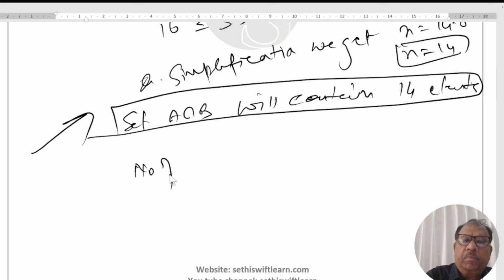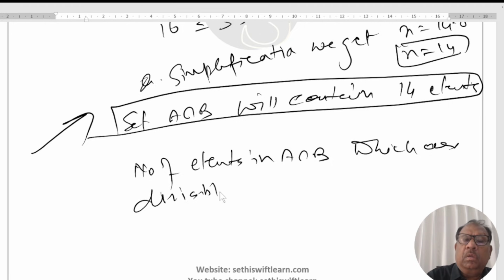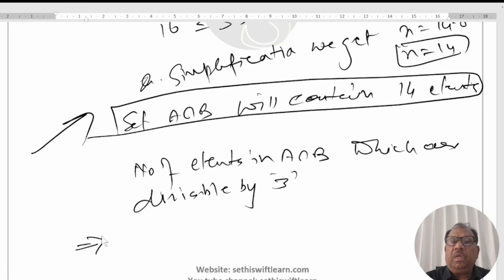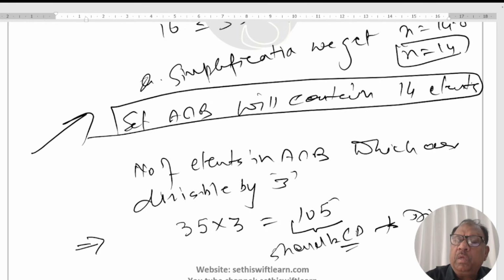Since the common difference is 35, 35 into 3 is 105, which should be the common difference for divisibility by 3.